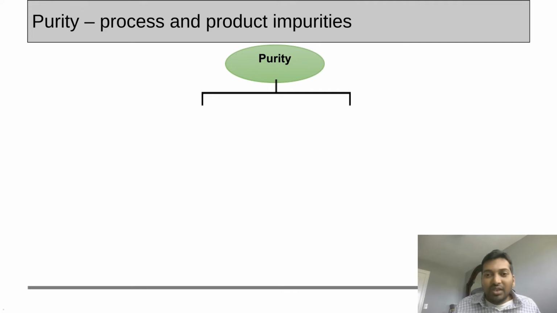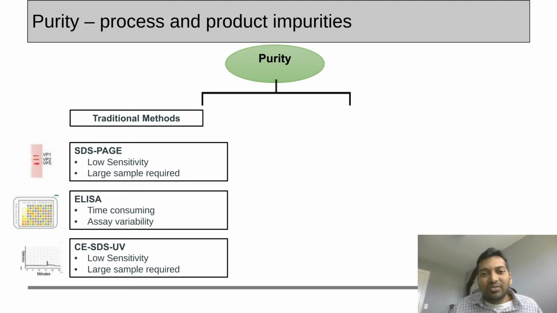The traditional methods people have used previously, and still use, are SDS-PAGE, which has very low sensitivity and needs a large sample requirement, and ELISA, which, as I talked about, is more time consuming and has very high assay variability. Another method people use is capillary electrophoresis, which uses a UV sensor, again with low sensitivity.